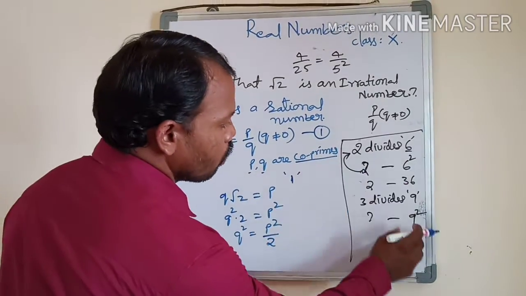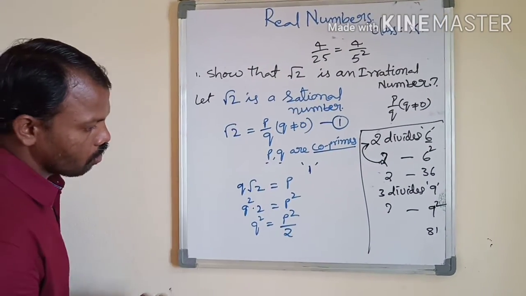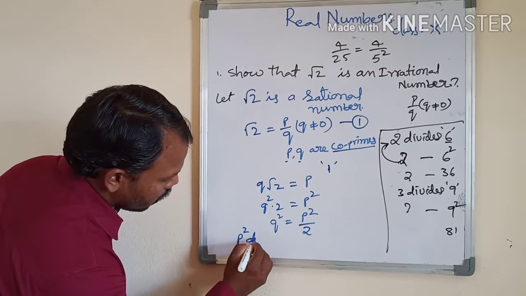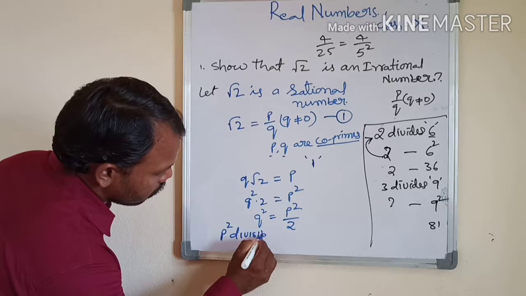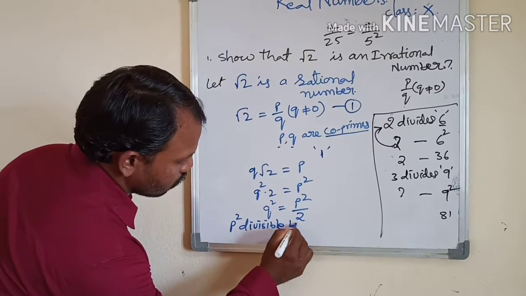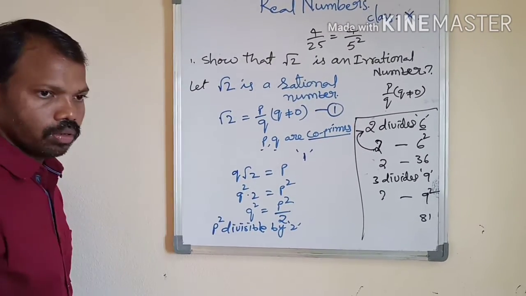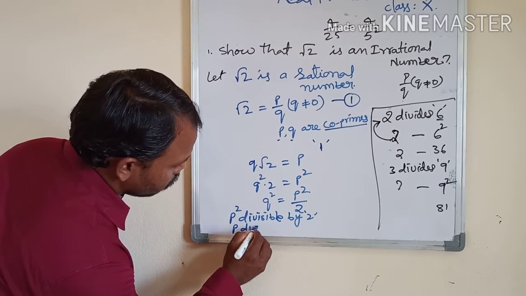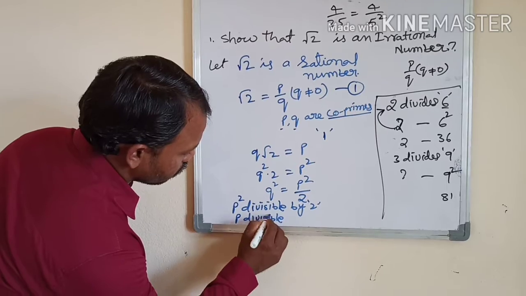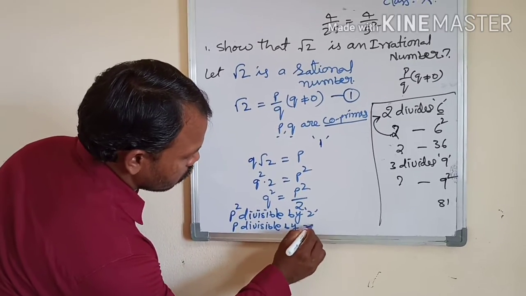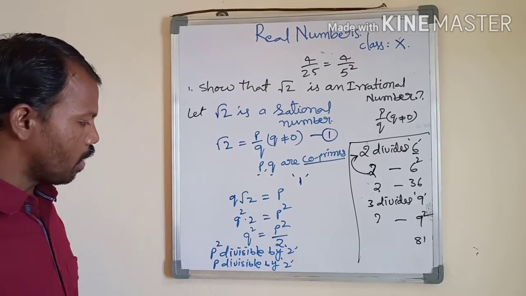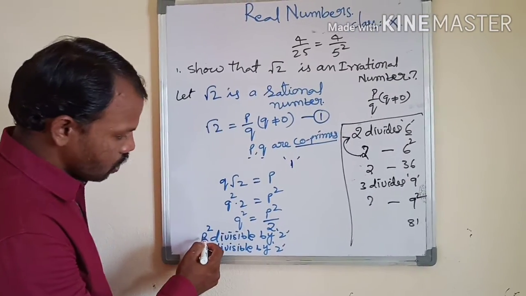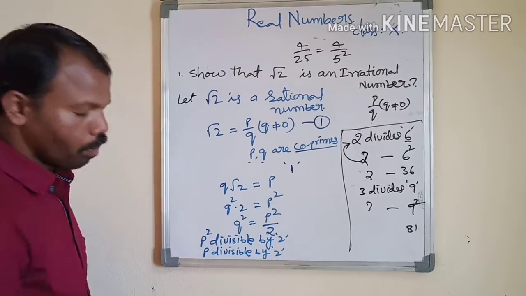By these examples, we came to know that if P square is divisible by 2, then P is divisible by 2. If 2 divides P square, then 2 divides P.